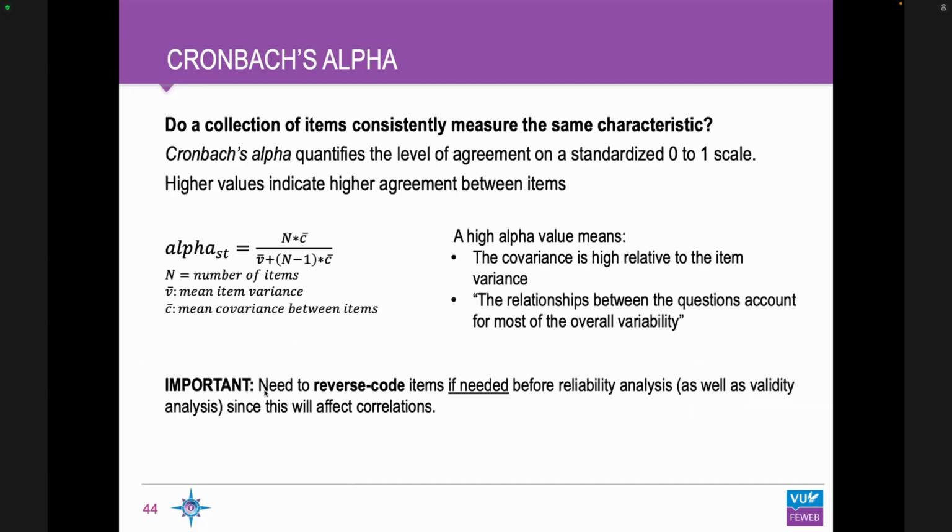An important thing with calculation of alpha is that we need to reverse code items if needed before the reliability analysis. Remember from the last lecture, if you have a multi-item scale with positively asked questions and one negatively asked question, then you need to reverse code the scores of that negatively asked question.